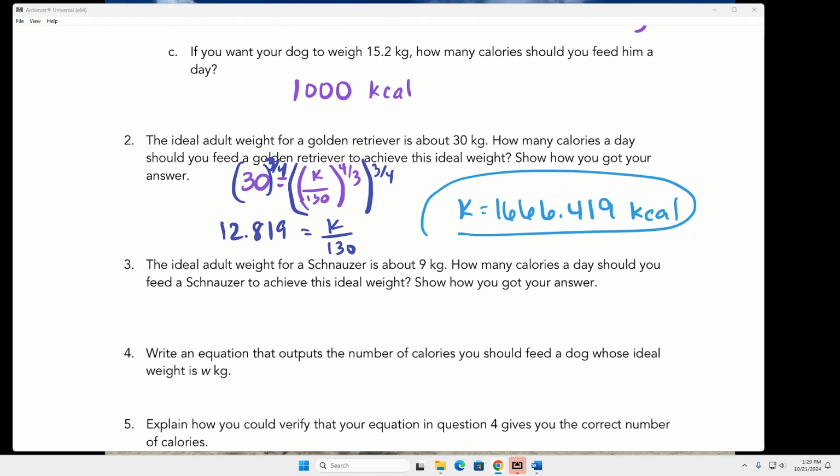That was going to be the Schnauzer. All right, so we'll do the same thing for the Schnauzer. I have a hard time saying that name. All right, we're going to do the same thing. We're going to raise it to the 3/4. That's a 3/4 there. It really doesn't look like it. I'll rewrite it.